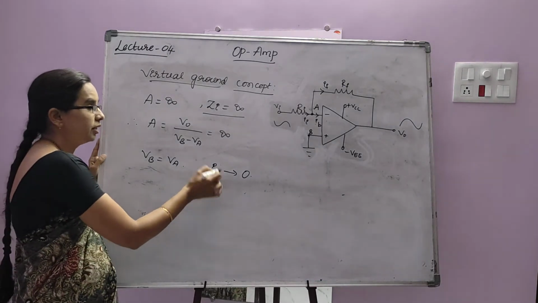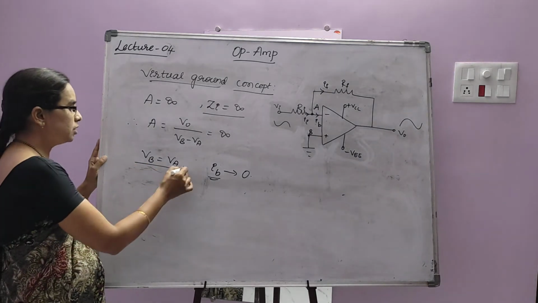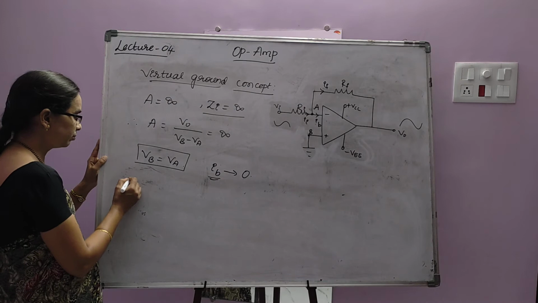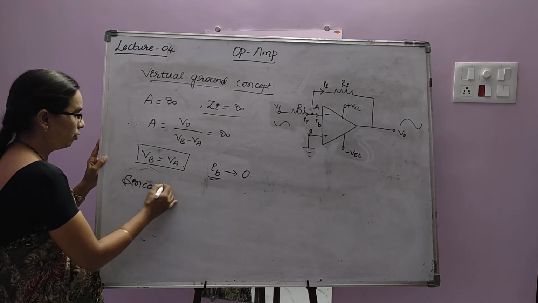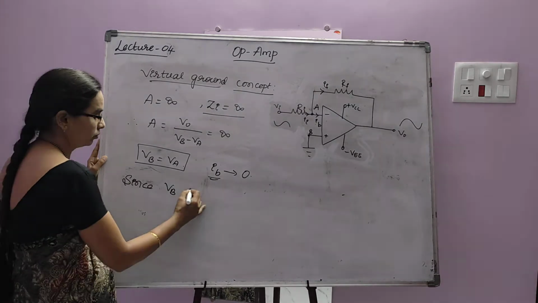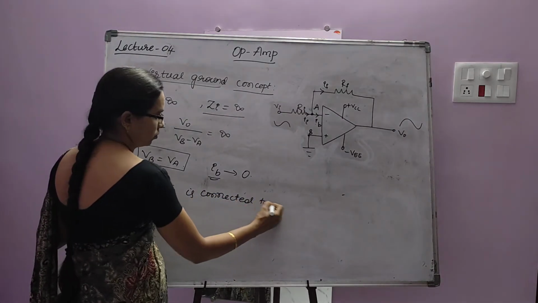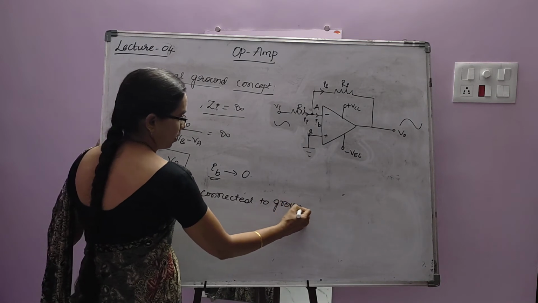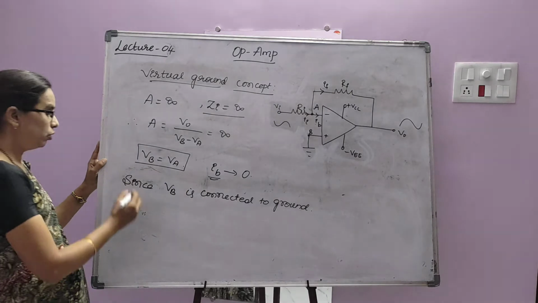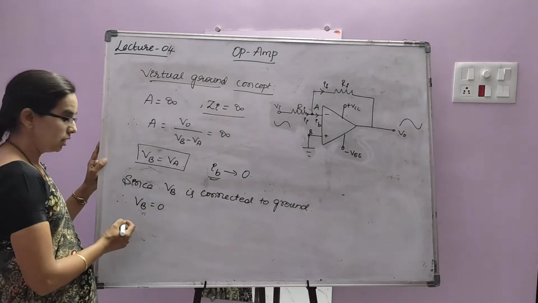So VB is equal to VA, since VB is connected to ground. That means VB is at 0 potential, so the voltage at VB is equal to 0.